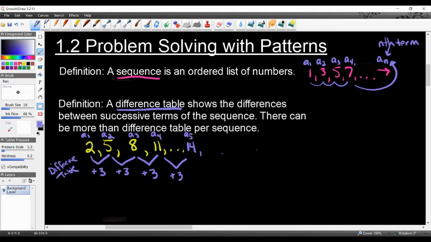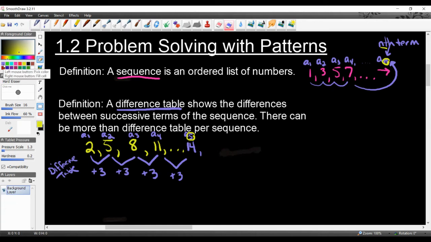That little number, the subscript, tells us the term, just like it does over here. In this specific example, we only had one difference. That's what I mean by the number of difference tables. We're going to do another one that has more than one difference table.